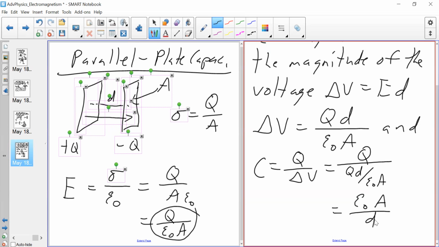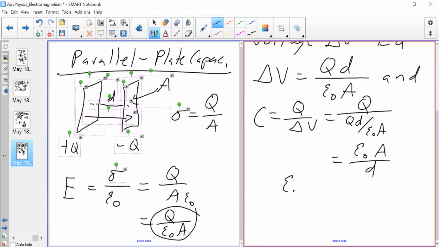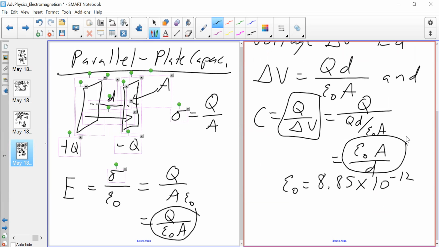And so again, if I remember right, permittivity of free space, 8.85 times 10 to the minus 12 newton meter square per coulomb square, but the units are important. So that's our free space constant. So as the distance decreases, the capacitance increases. That should make some sense to you, because the charges between the plates are getting closer and closer.